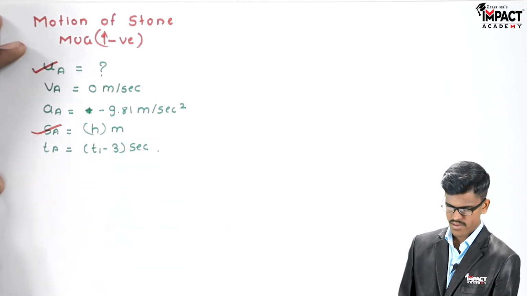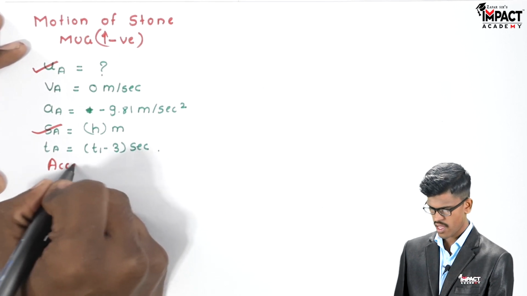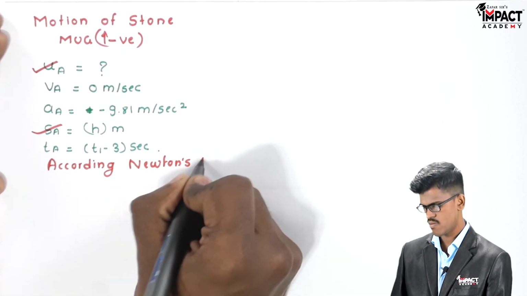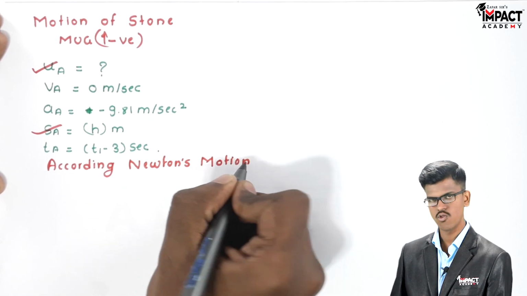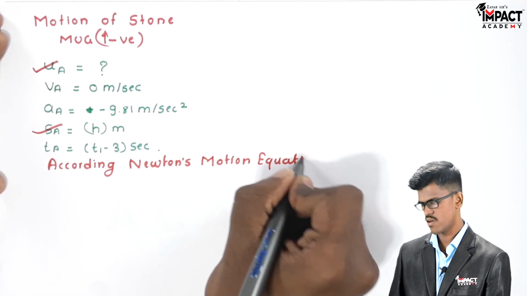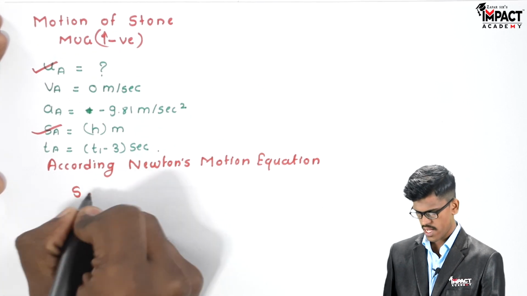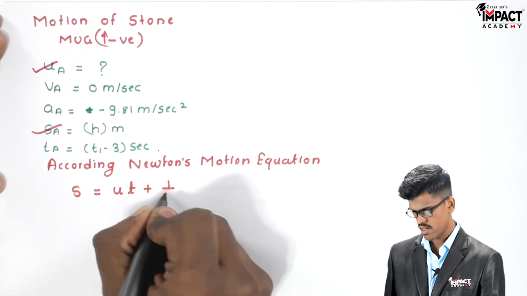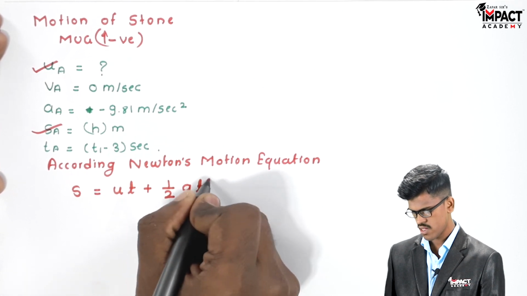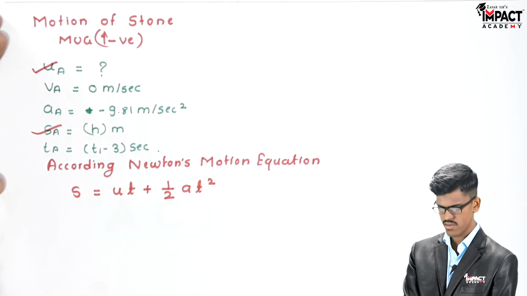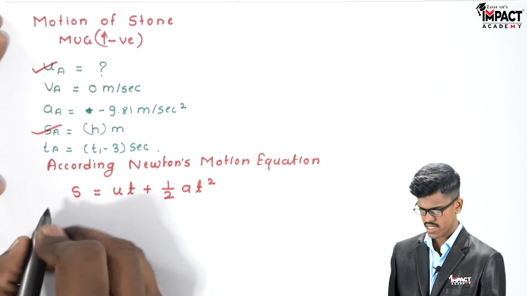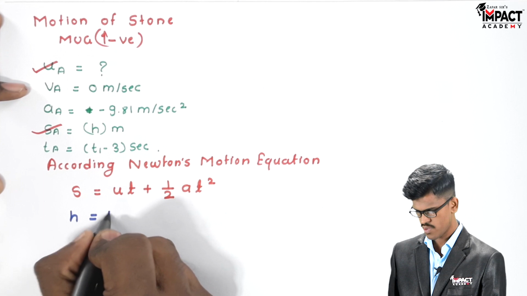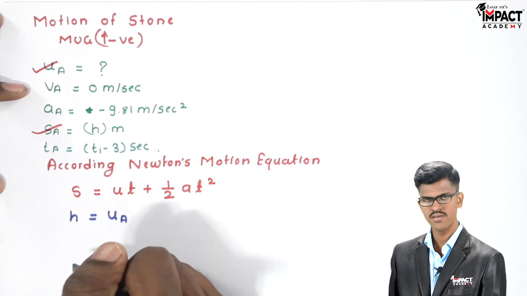So according to Newton's motion equation, S is equal to ut plus half at square. We know the value of S, it is h. The initial velocity is to be calculated, UA.